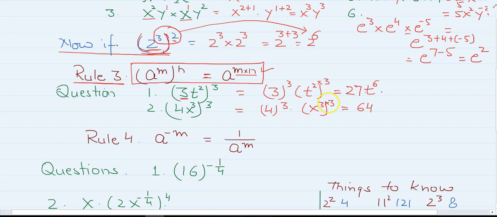Always remember this is a multiplication. Now here, 3 times 3 is 9, so x to the power 9.